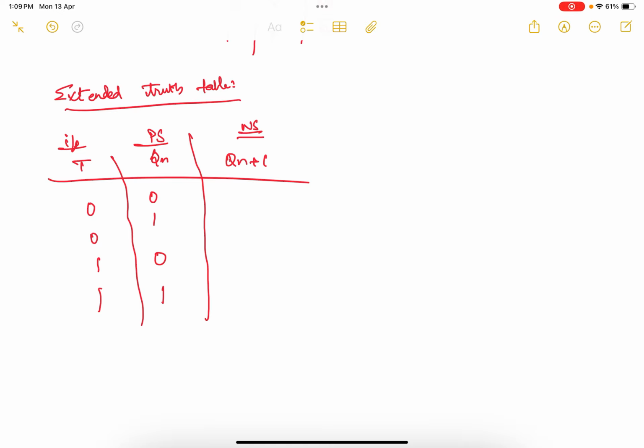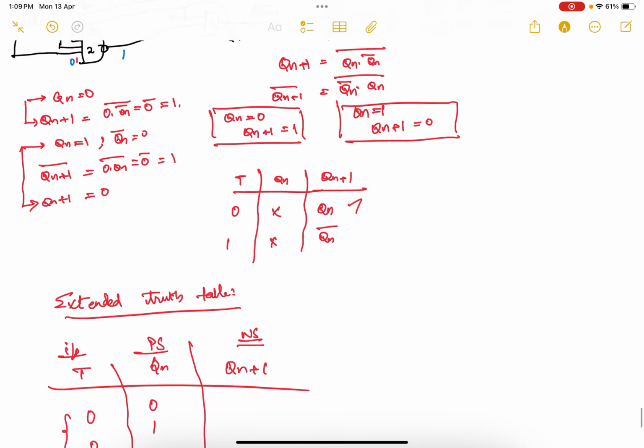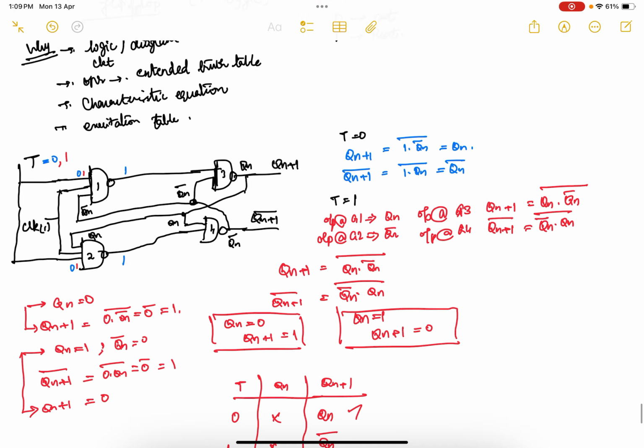So what is happening to Qn plus 1? When T is 0, irrespective of your present state, the present state is retained as such.